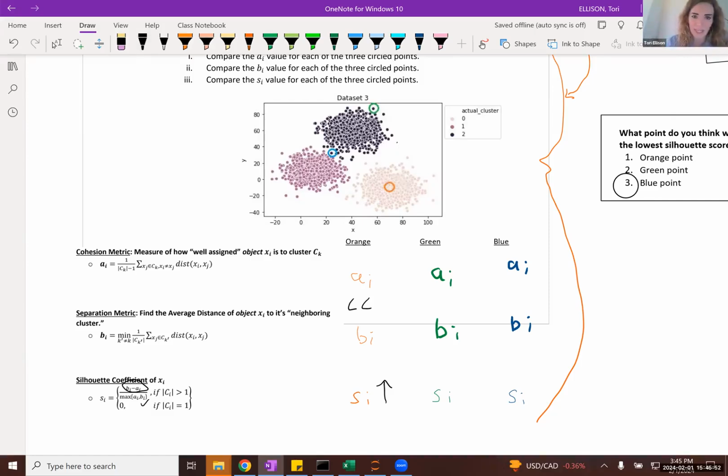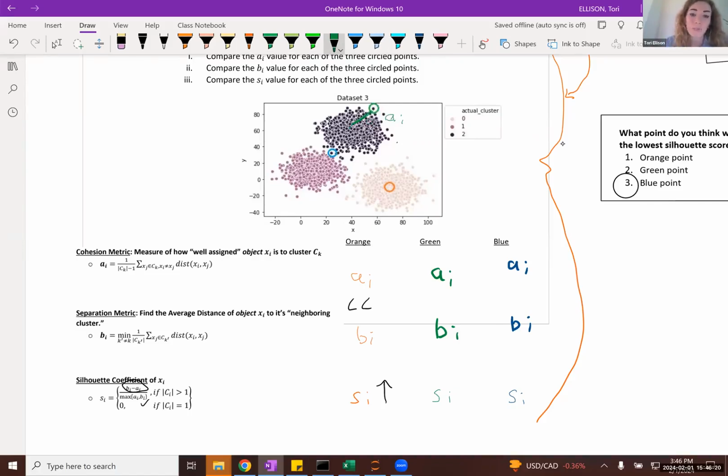We can do the same thing, and we're actually going to see the same relationship for this green observation. To roughly approximate its AI value, again we find the average distance that point is from all the observations in the cluster that it was assigned to. That might be a distance something like this.